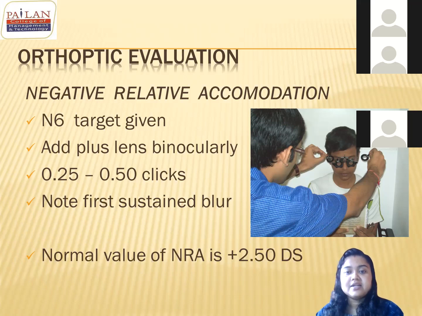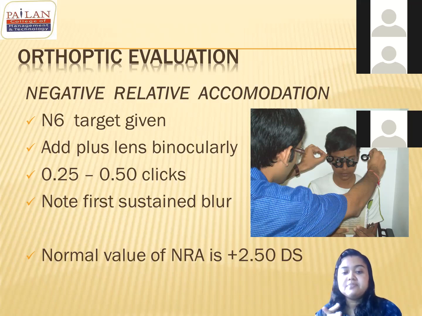So by negative relative accommodation, what mainly you are doing is relaxing the amount of accommodation and seeing how much accommodation the patient can relax. That is the value of NRA, or negative relative accommodation. The normal value is around plus 2.5 diopter, or plus 2.25 to plus 2.5 diopter.